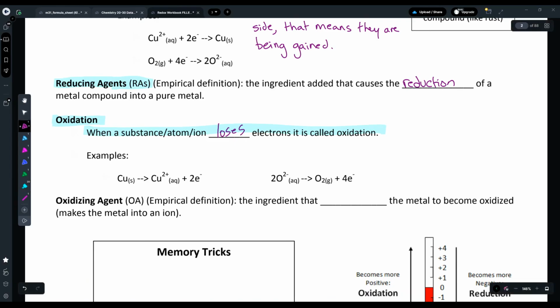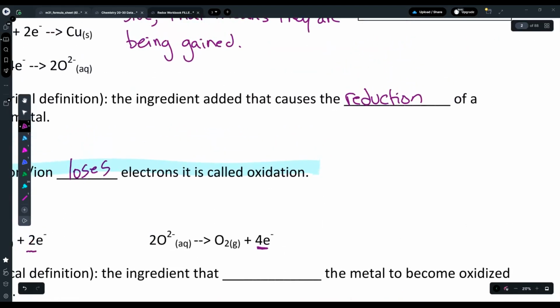Notice in both of these oxidation half reactions, the electrons are on the product side. That means those electrons are being lost from your starting substance. So that's what you're going to look for to tell you when a reaction is an oxidation reaction: the electrons being on the product side.